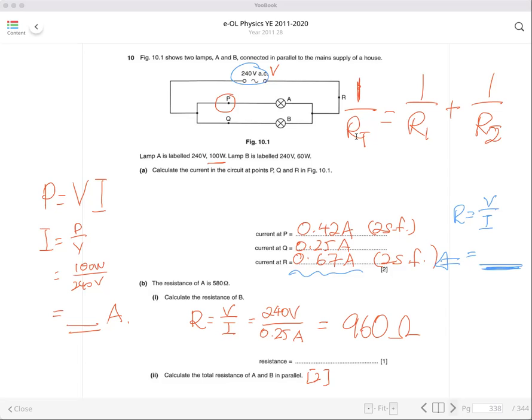So what is RT? Yes, so can you make R the subject?